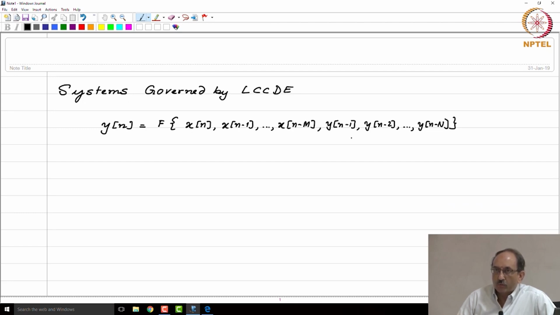Even this is too general. In particular, we do not want f to be an arbitrary function, we want f to be the class of linear constant coefficient difference equations.